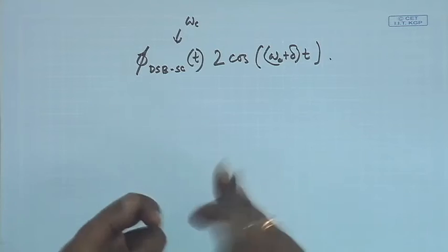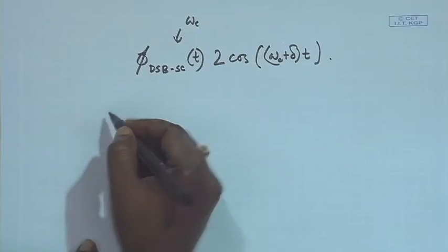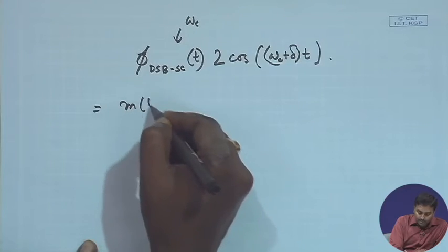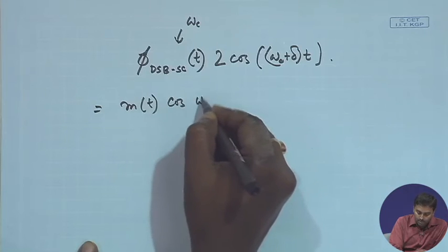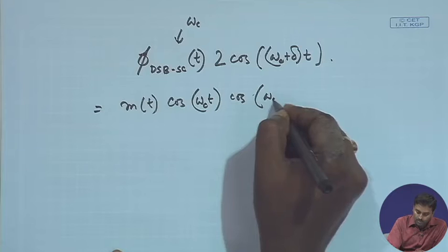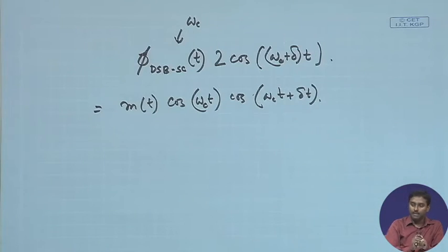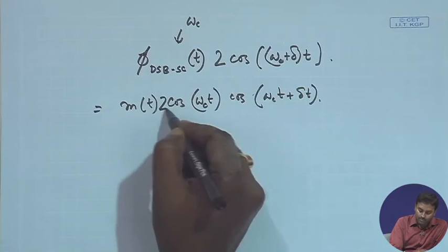Let us say if on top of that there is a phase shift, there will be an additional effect, and we already know what will happen if there is a phase shift. Let us say there is no phase drift, but I could not track the frequency completely. So there is a drift in frequency. Now I can write this as m(t) cos omega c t into cos (omega c t plus delta t), and the 2 term is there.